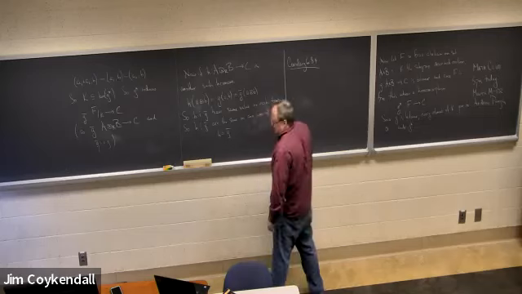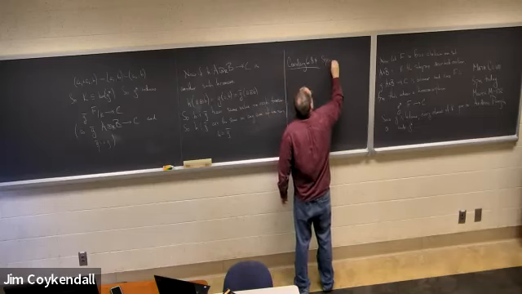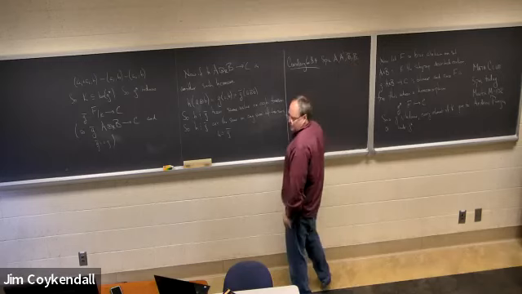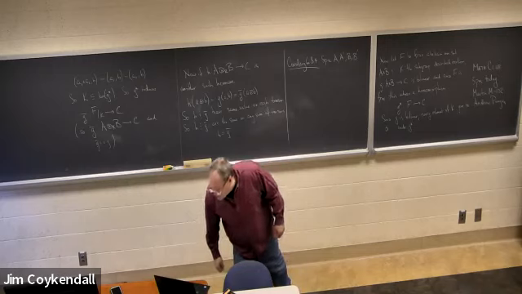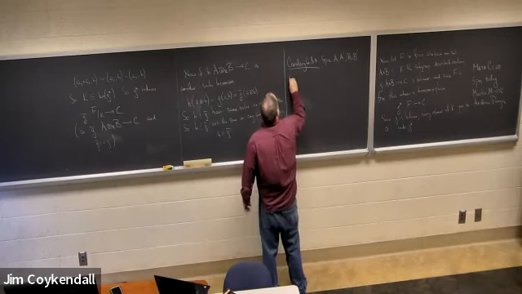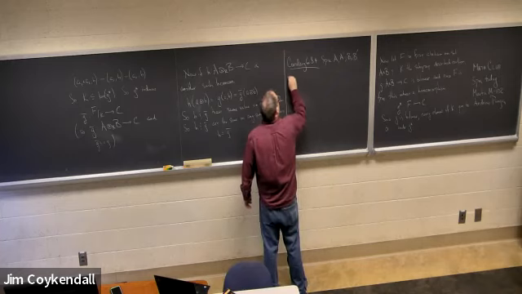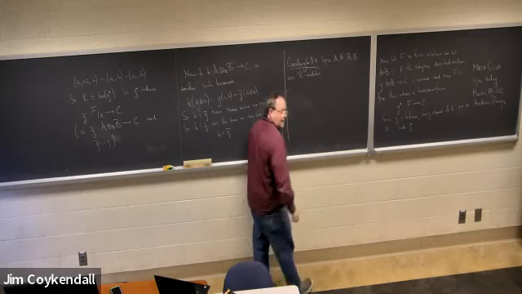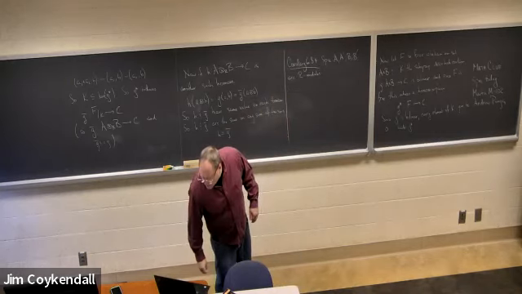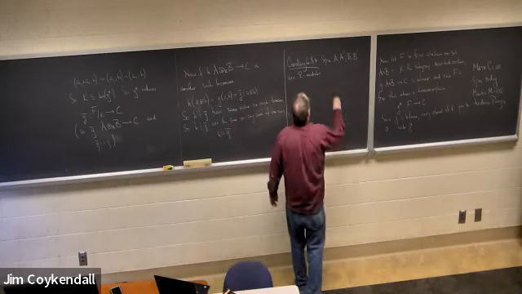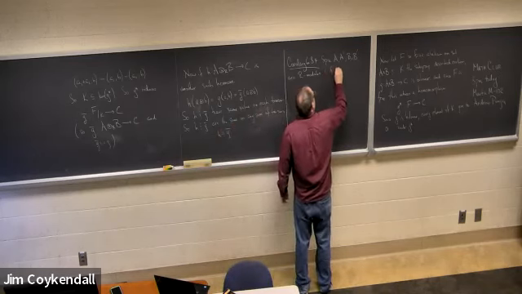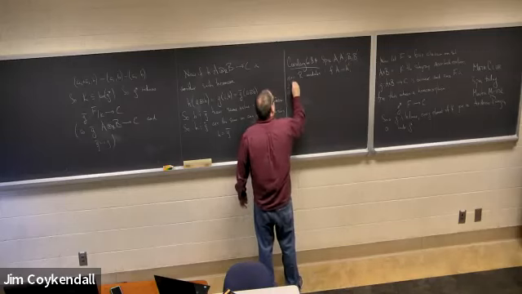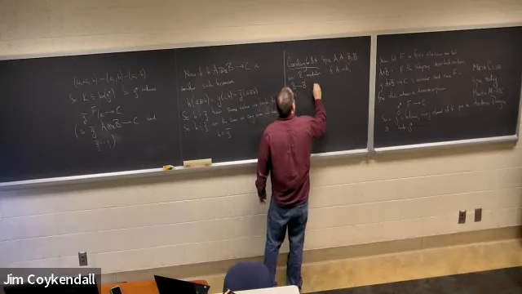Suppose that A prime and B prime are R-modules, and suppose we have R-module homomorphisms F from A to A prime and G from B to B prime.